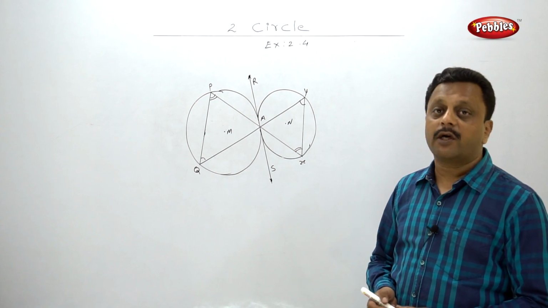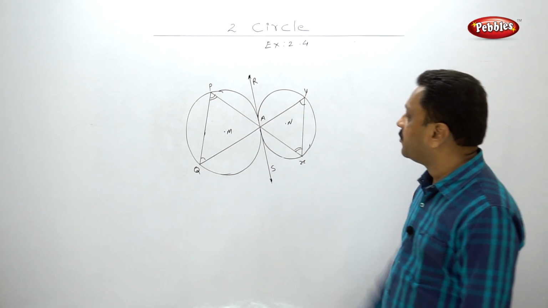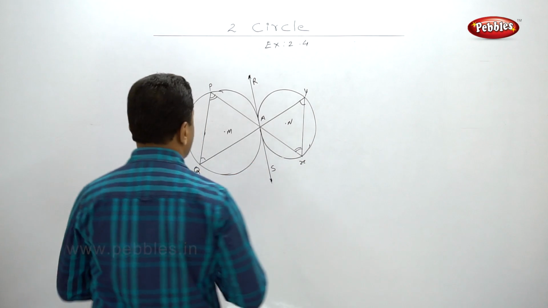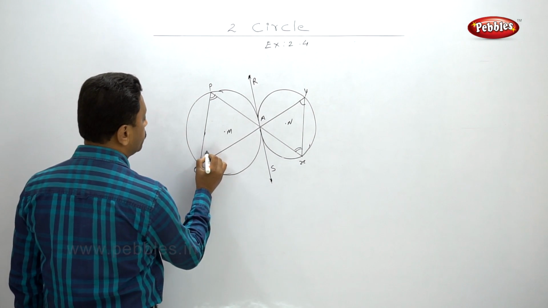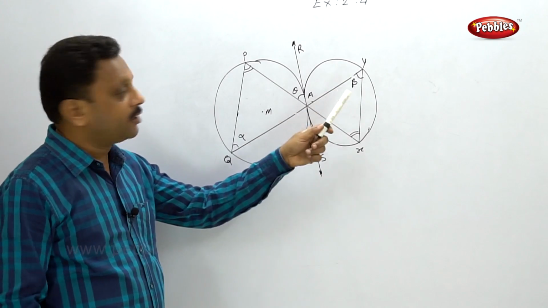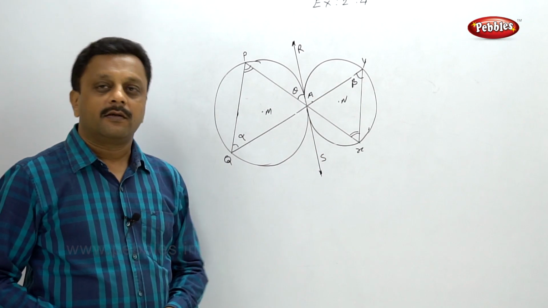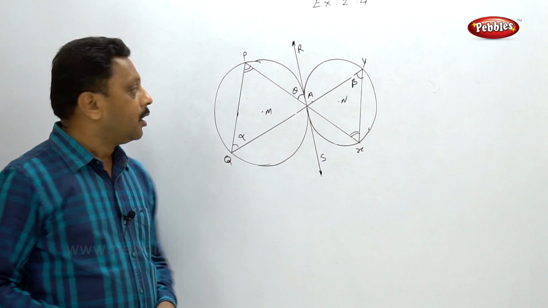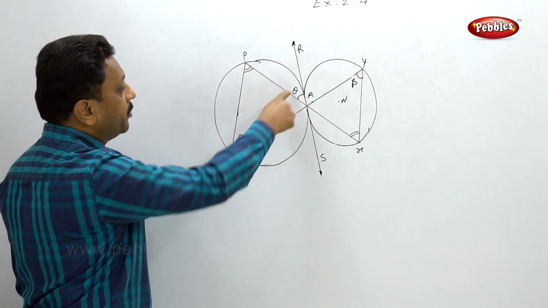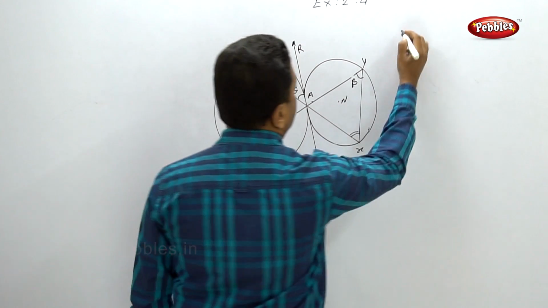I am going in the reverse way. First of all, I am deciding what I have to do. I have to prove these two angles are equal. Now let us see. I will give names to these angles. I will call this alpha and this beta. If I can show that alpha is equal to beta, then everything is simple. Now in this circle, angles in alternate segment, theta and alpha, are the same.